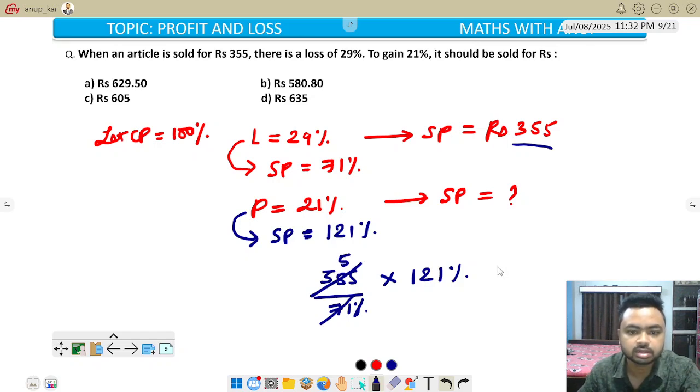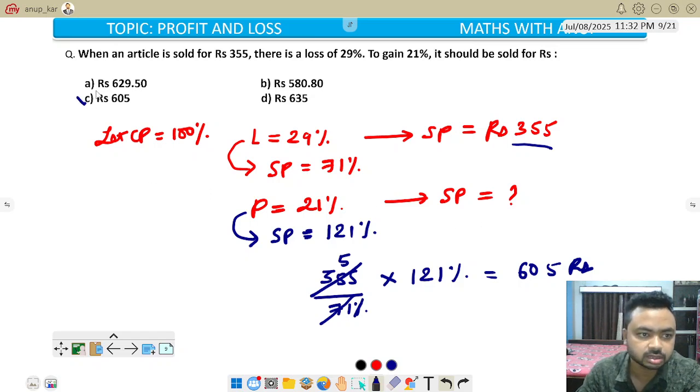So it will be equivalent to 5 1s are 5, so it will come out to be 600. 5 2s are 10. Yeah, 605. 605 rupees. Yeah, correct. So this will be the case.